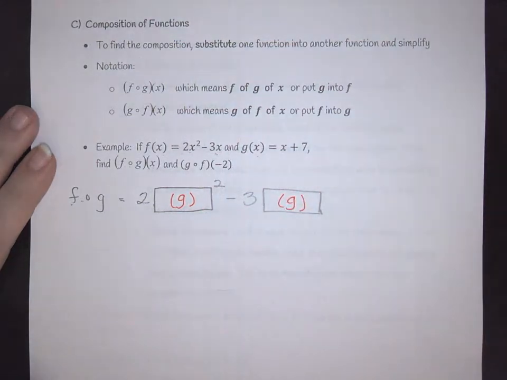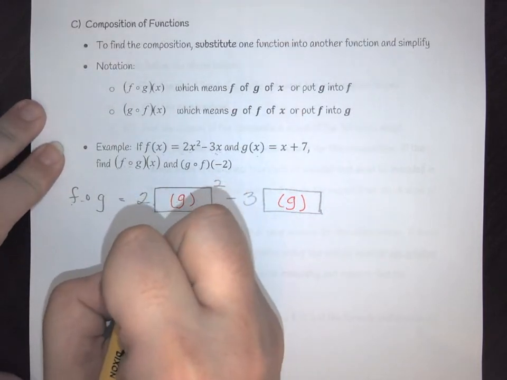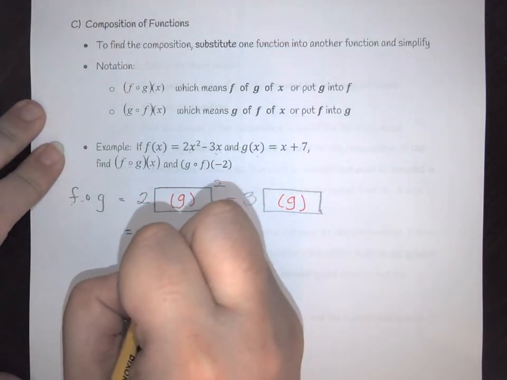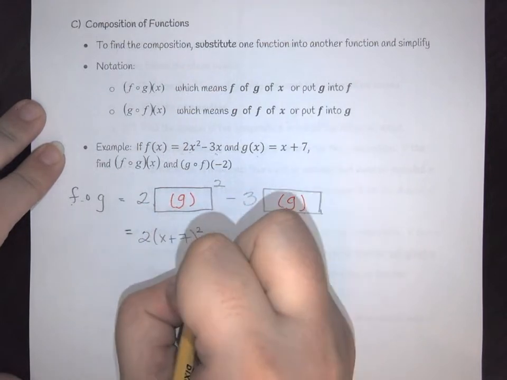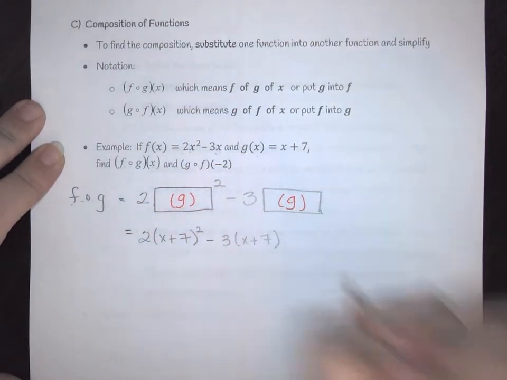My g is x plus 7. So this actually becomes 2 times (x plus 7) squared minus 3 times (x plus 7).